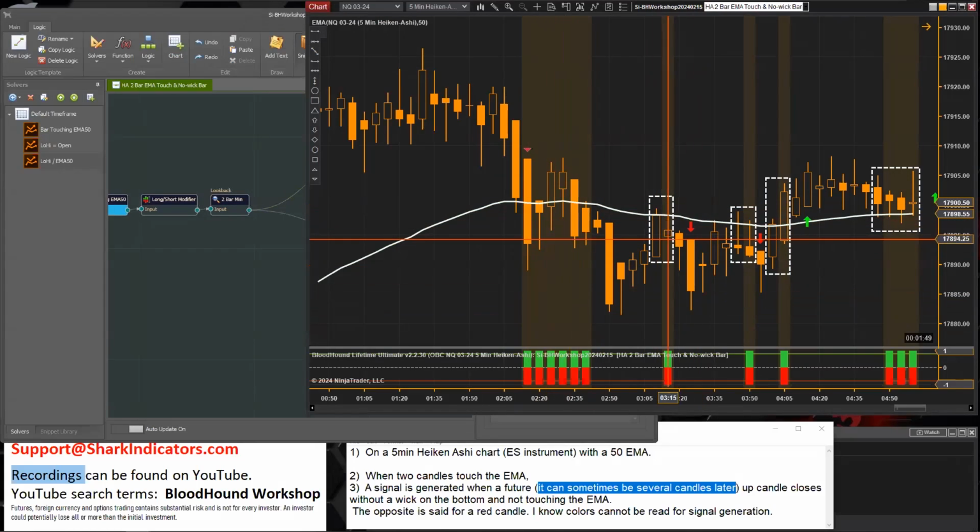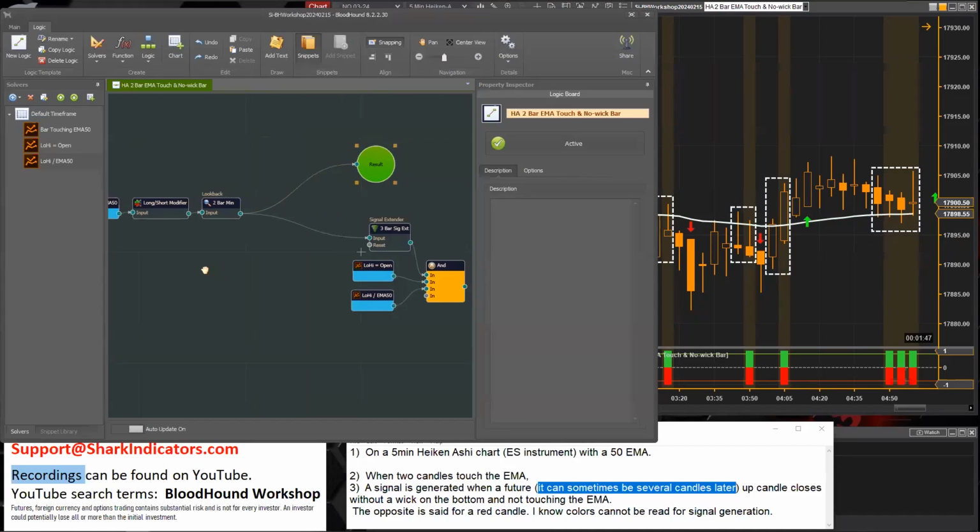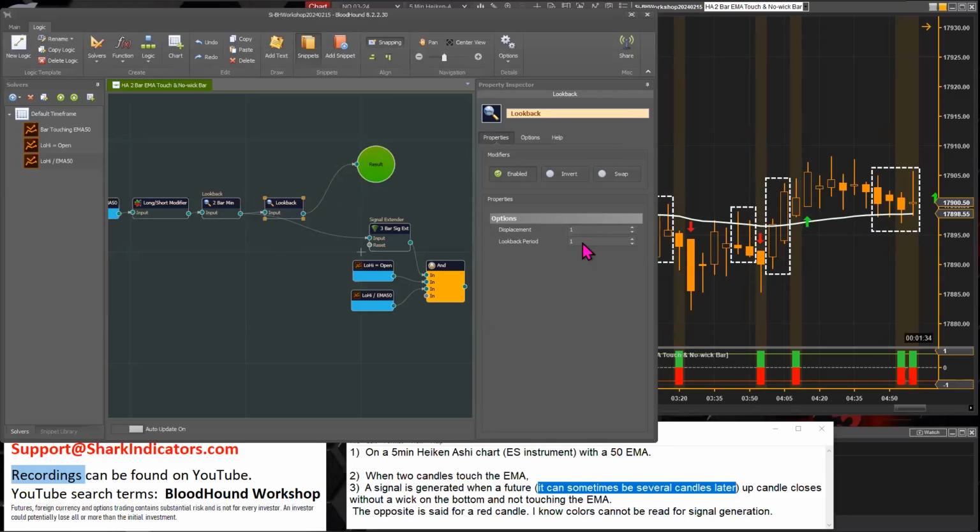All right, yep, there's our 2 bar minimum. So what I needed was to actually separate the displacement from the 2 bar minimum, like so. Yeah, so we're going to use the displacement in a separate one here. Yeah, there we go.